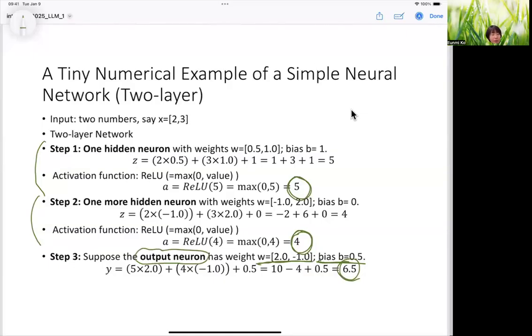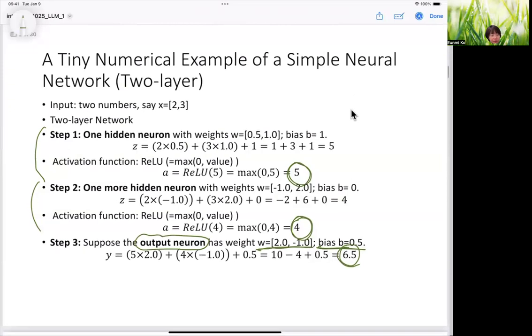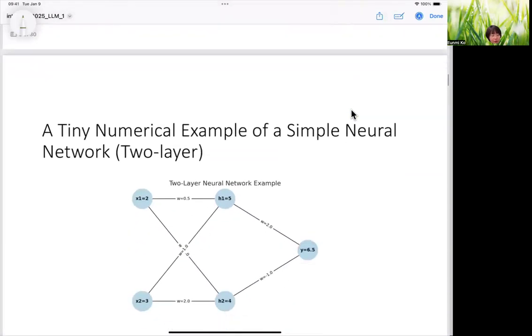This is not a computer science course, so we are just going to have a broad understanding of how a neural network works.